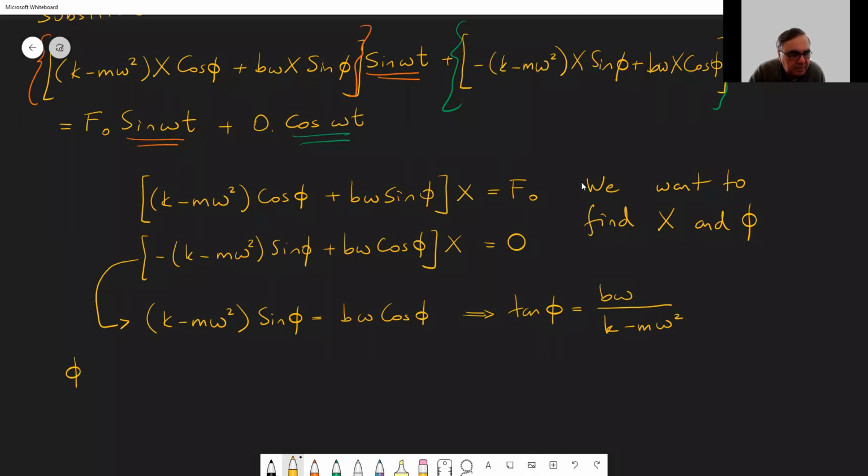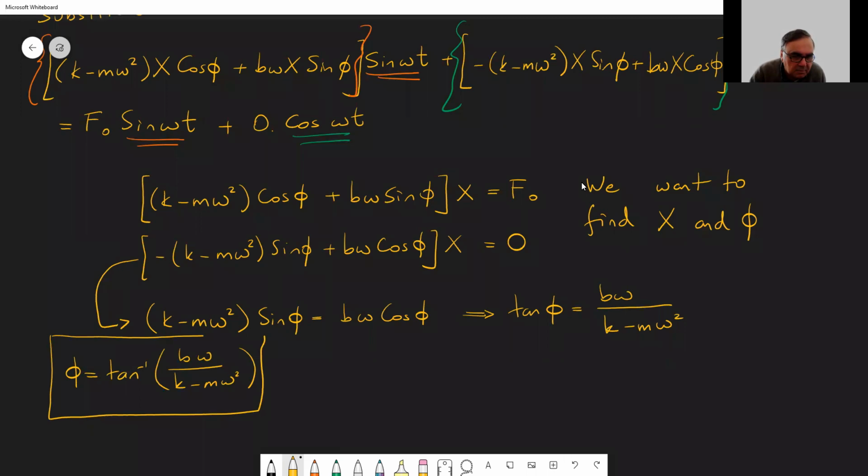So phi is simply tangent inverse of b omega over k minus m omega squared. This is one expression we have for the phase angle.